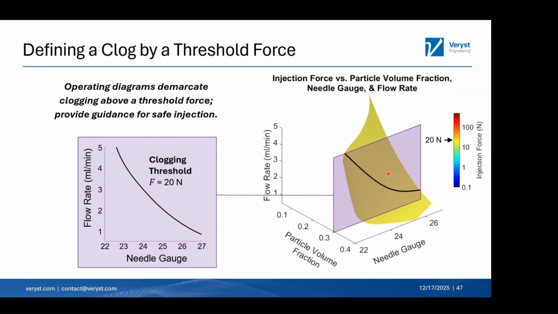And so if you look at this yellow isosurface, and plot along the iso line for a volume fraction of 30%, this threshold determines clogging, right?